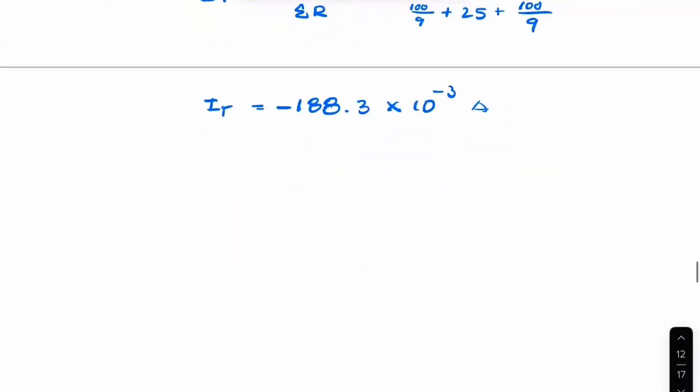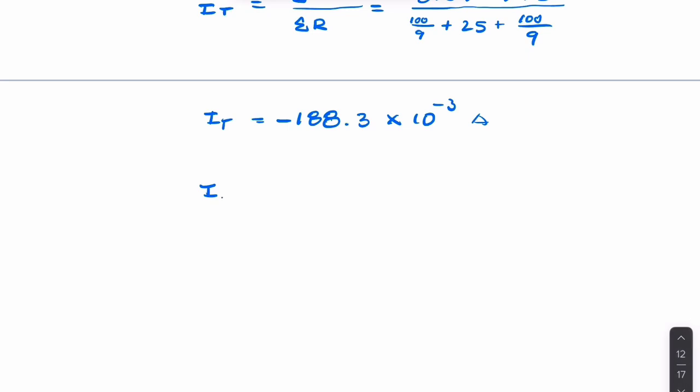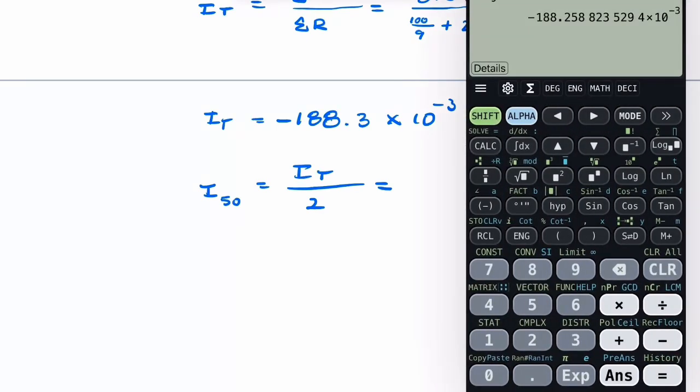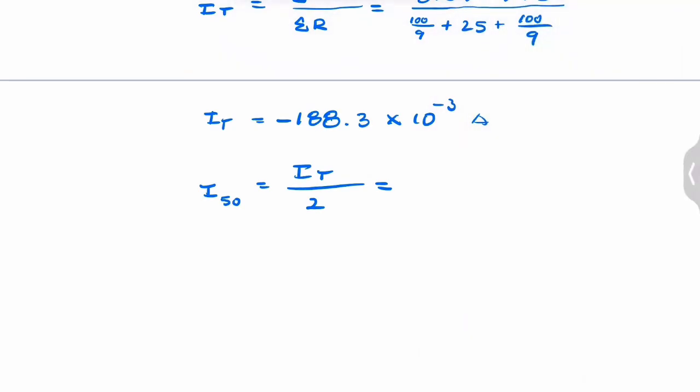So we can say the current passing through the 50 ohm resistor is the total current divided by 2. So if I were to divide that answer by 2, I would get negative 94.1 milliamp.